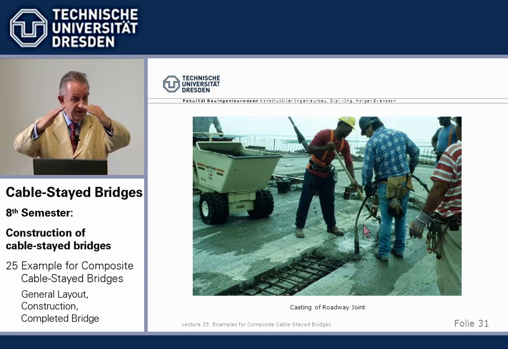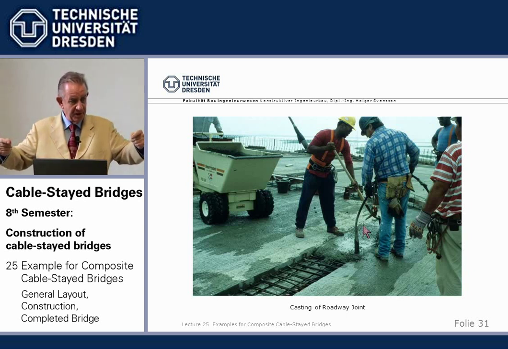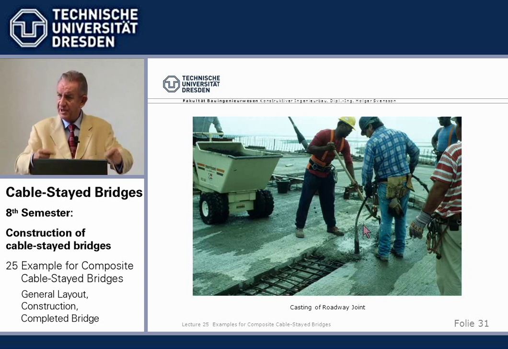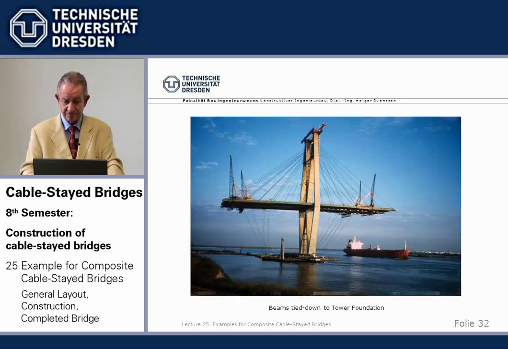Of course, due to the inclination of the stay cables, we have the beam under compression all the time, which naturally helps a lot. But even later, if we have under live load or so a little tension, cracking was not serious.